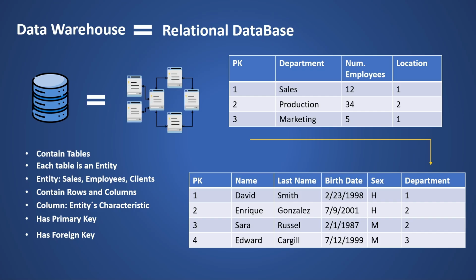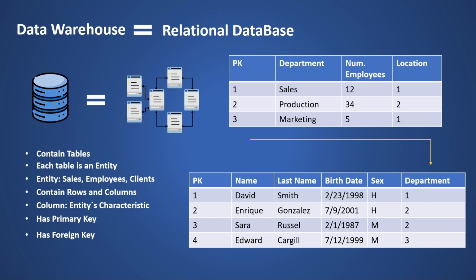For example, these two tables are related because in the employees table, we have a foreign key in the last column called departments. This column will store the primary key from our departments table, and in this way, we will know the characteristics of the department to which each employee belongs.